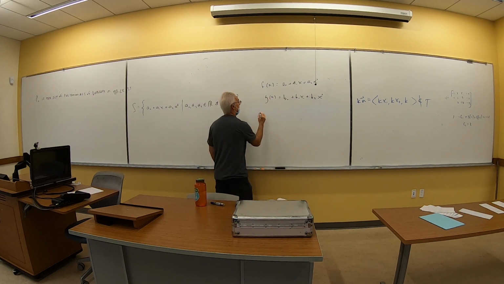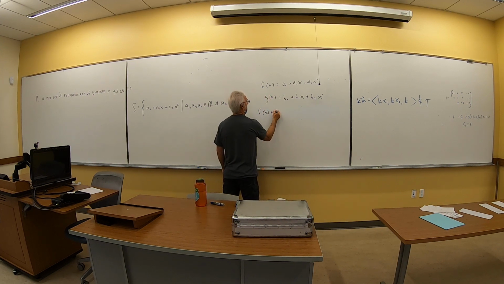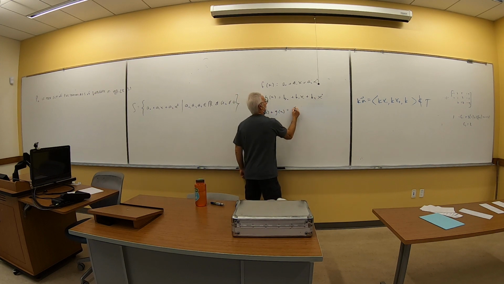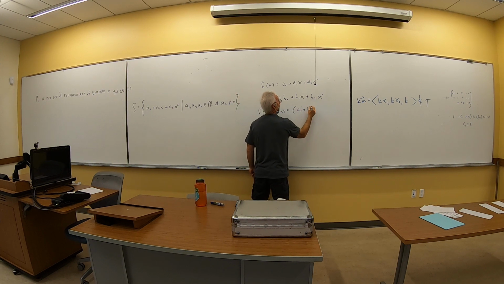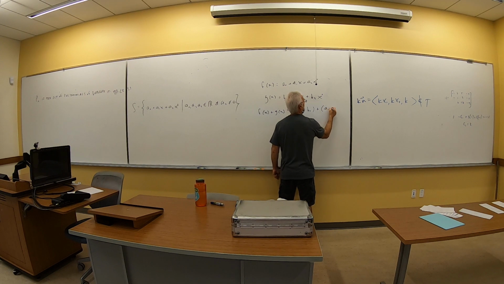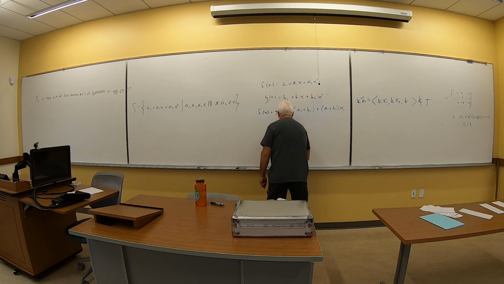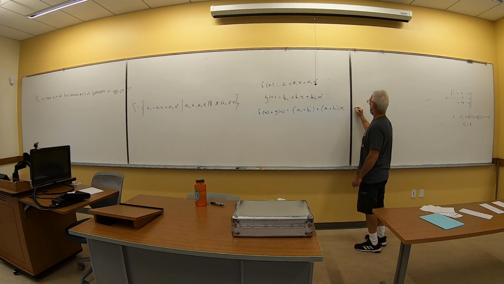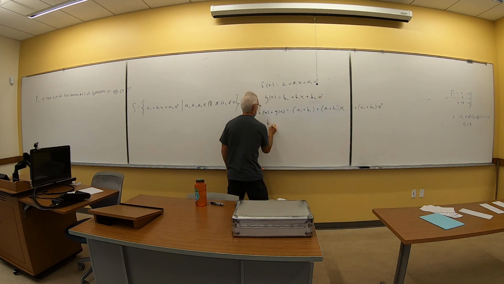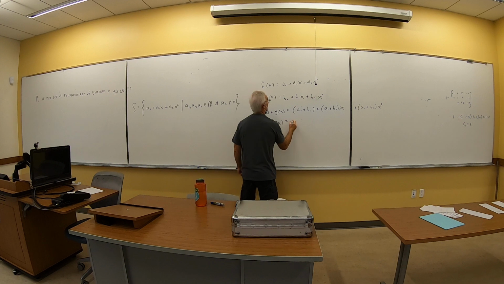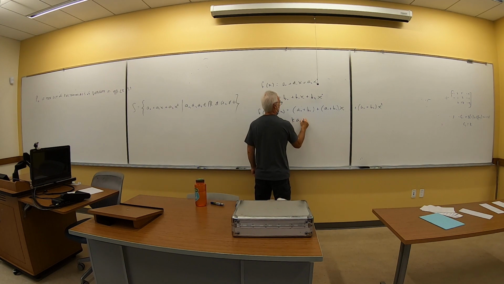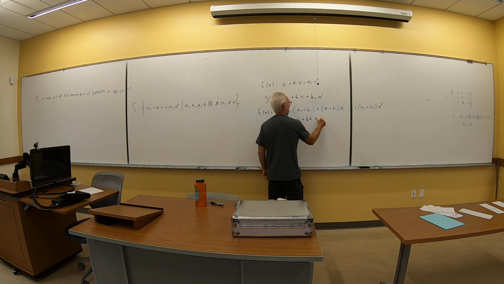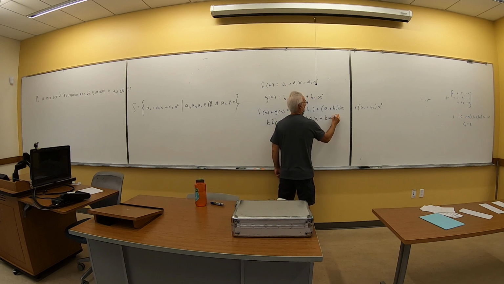All right, what's f of x plus g of x? I'll write it like this so it's easier to interpret. So constant plus... and what is k times f of x? That would be ka0 plus ka1x plus ka2x squared.